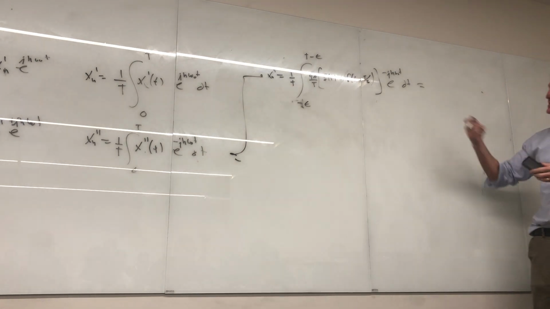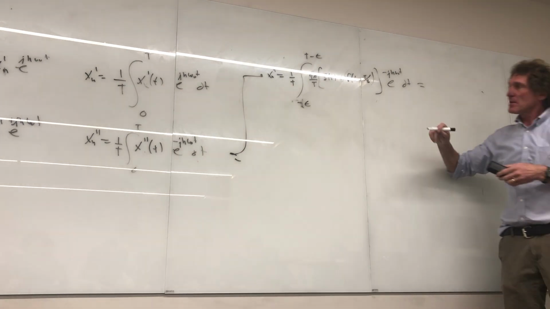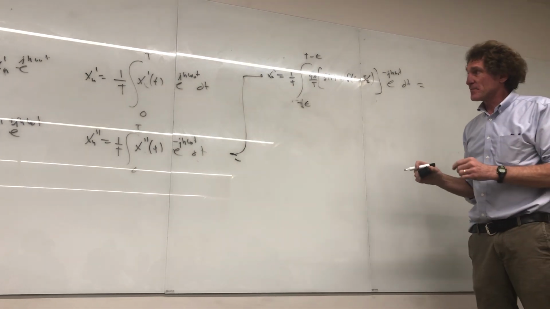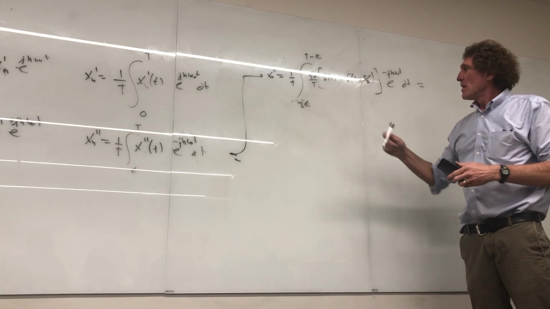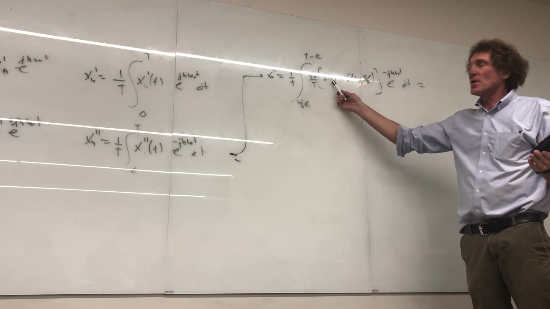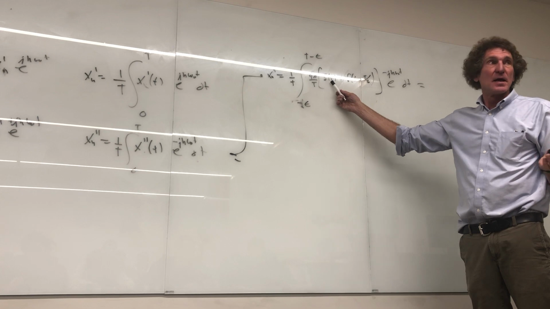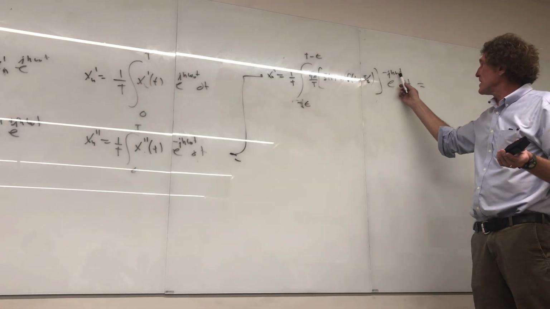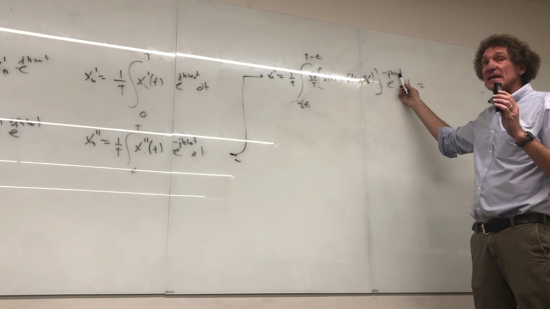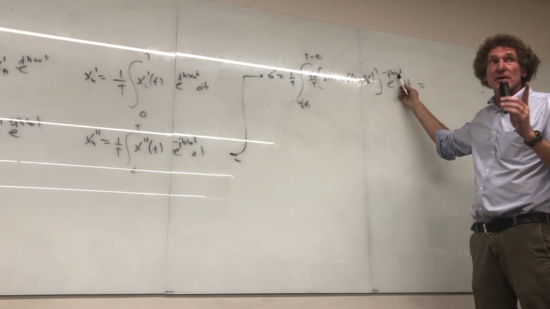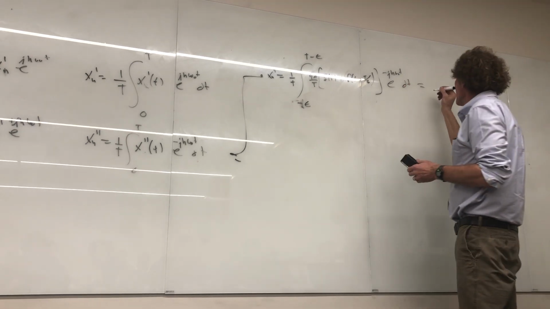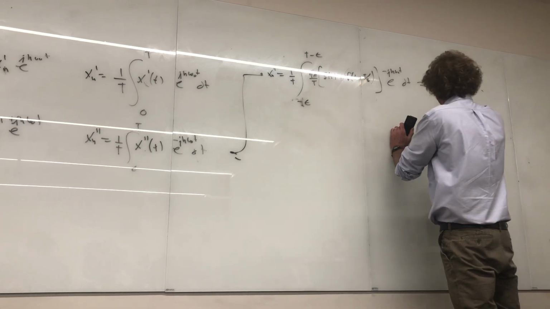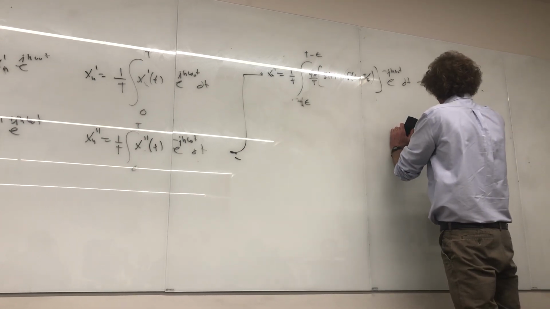Now, what happens to this? What is this? Well, I want you to think about this. This is x of n double prime. Where does this one turn on? T equals 0. Do you all see this? If it's 0, I evaluate e to the minus jn omega naught times 0, or e to the 0, which is 1. So now I can say I have 4a over T squared.